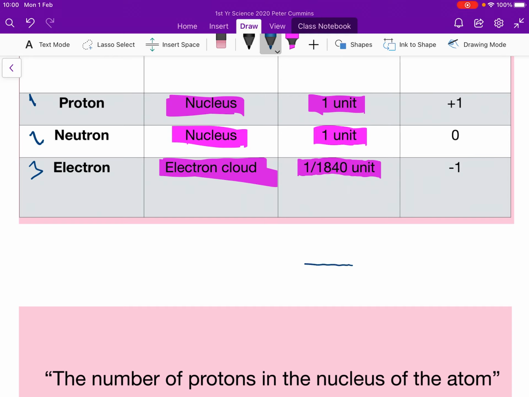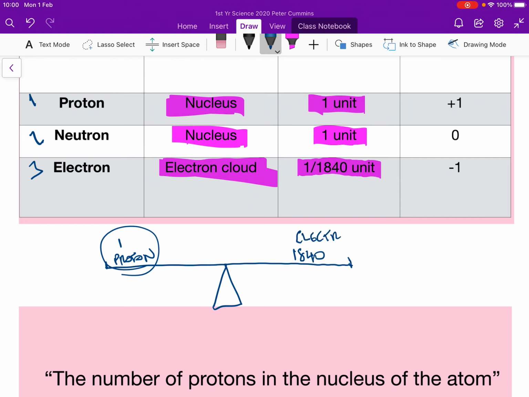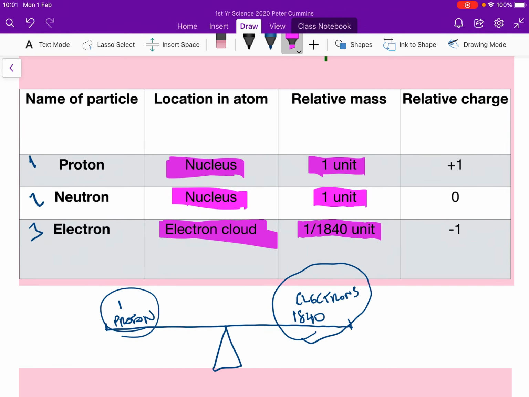So what would that mean if I had a seesaw, balanced in a line, with the wedge in the middle and a seat on each side? If I put one proton on one side and wanted to balance it using electrons on the other side, I would need 1,840 electrons to balance it. So it would take 1,840 electrons to equal the mass of one proton.